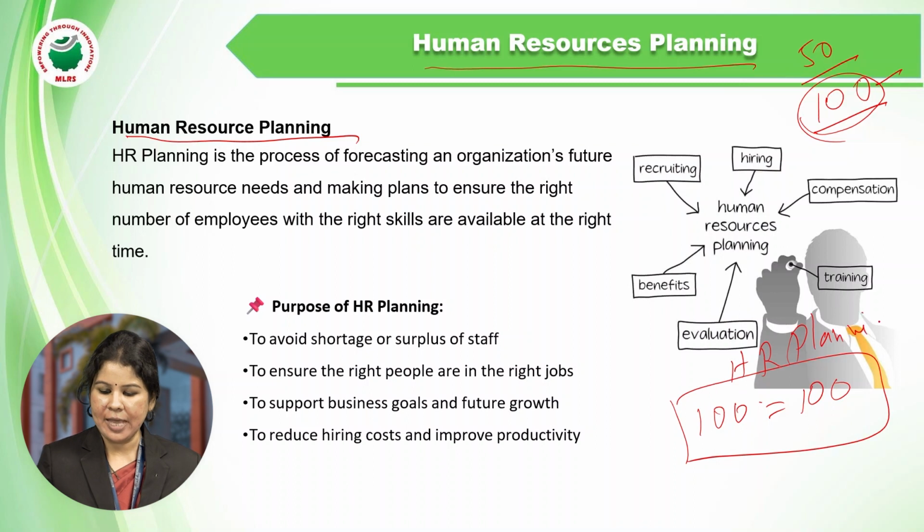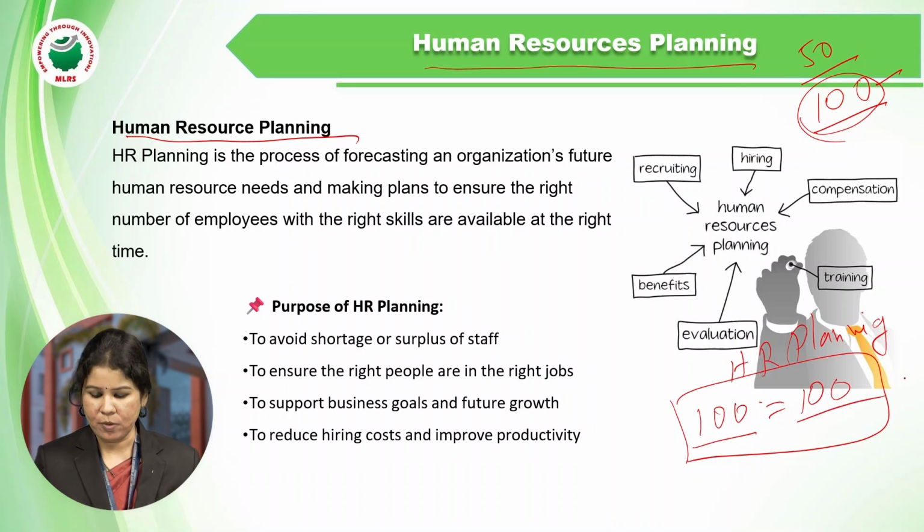Suppose we have a surplus of employees. For instance, we have a project. Now we are in need of 100 employees. After 6 months, we are done with this project. We are left empty-handed. Now we don't have any project, so we don't require these 100 employees. We can maintain with only 25 employees, which means we have a surplus of 75 employees.